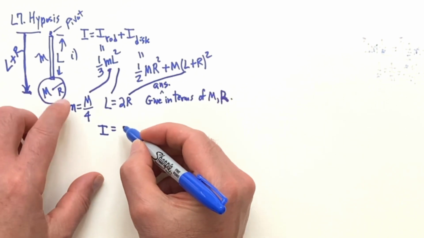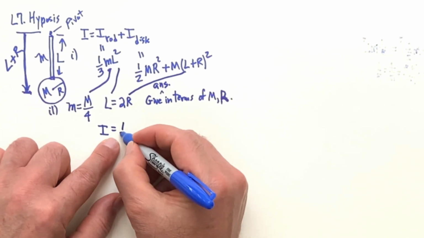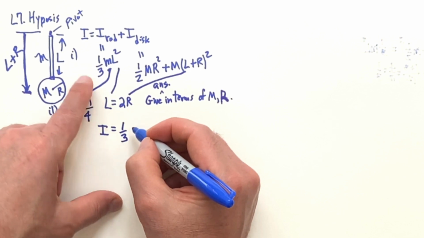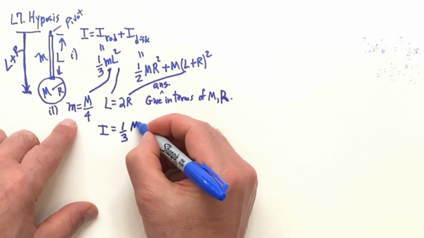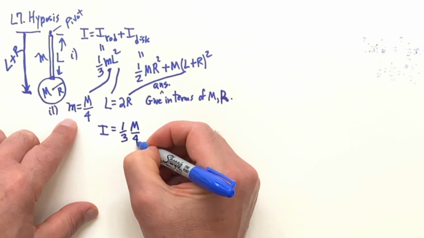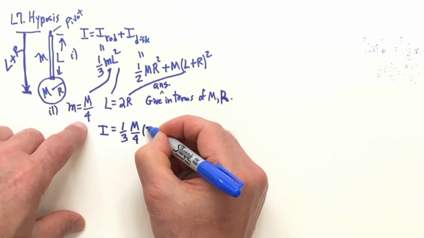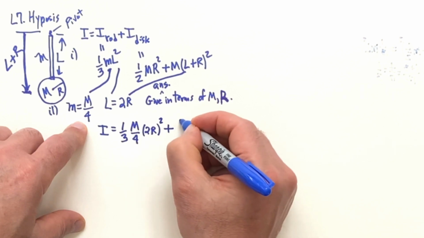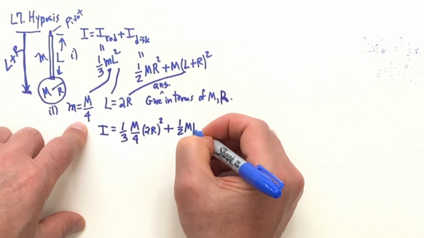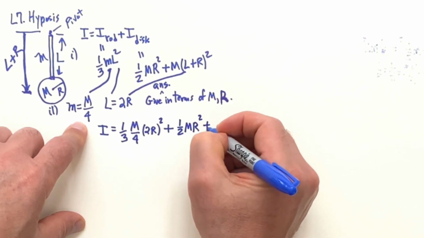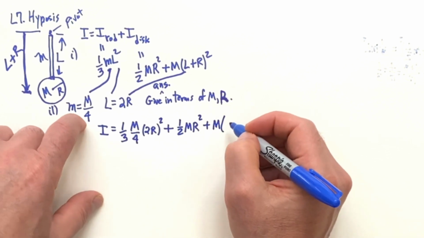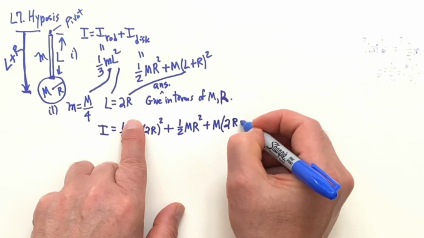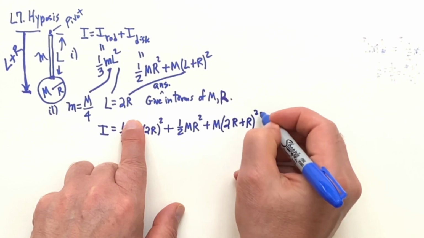So then we would substitute this in for m, and this for L. So we would have 1/3 times big M over 4, and then L is 2R, and that gets squared. And then we would have 1/2 MR squared plus M times 2R plus R, and that gets squared.